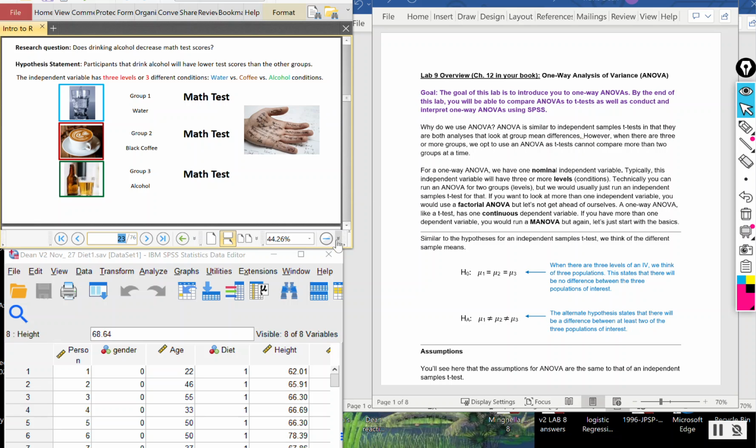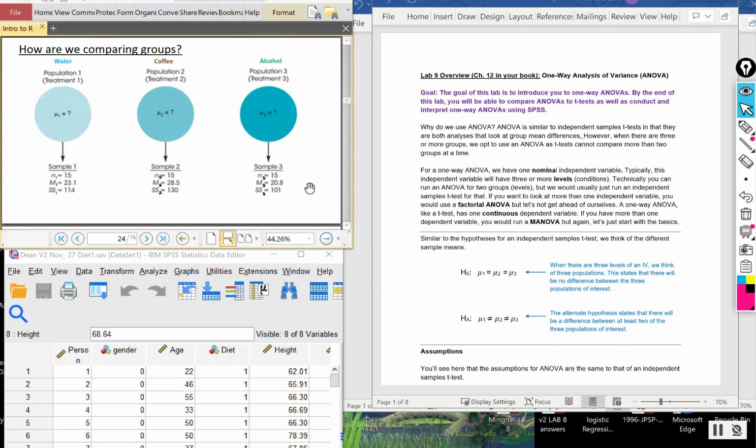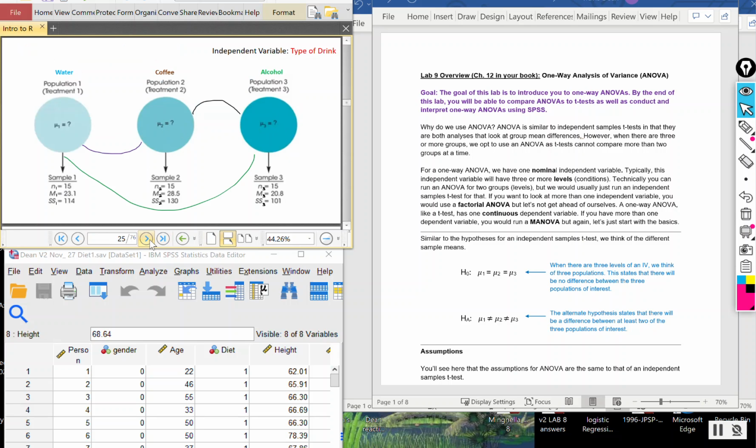With that in mind, if we were to do several t-tests with this, the problem is that you would have a family-wise error. You would have an alpha for this group, an alpha for this group, and an alpha for this group. Essentially, you're comparing all three groups, but you would have a 15% family-wise error.